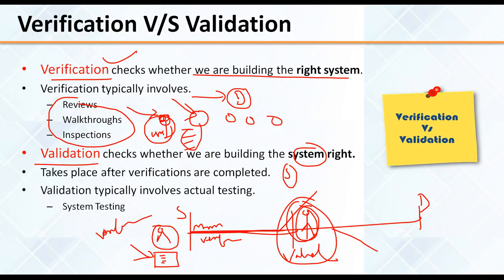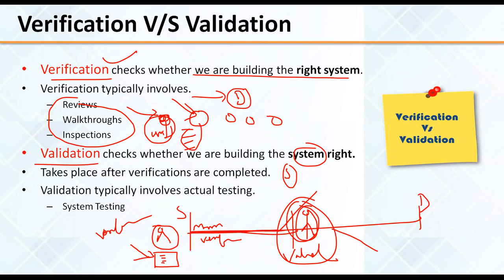Verification is testing the documentation and focuses on whether we are going the right path or not. Validation means whatever we already developed is working according to customer requirement or not. That's the small difference between verification and validation.